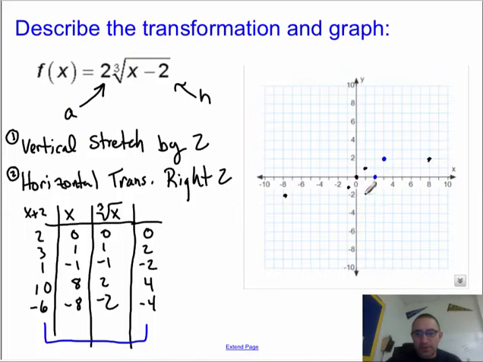Sorry about that. 10, 4. Right there. And negative 6, negative 4. And I connect. And there's my graph. Okay, key points. And if I compare that to the original graph, okay, if I want, I can maybe dash that one in.